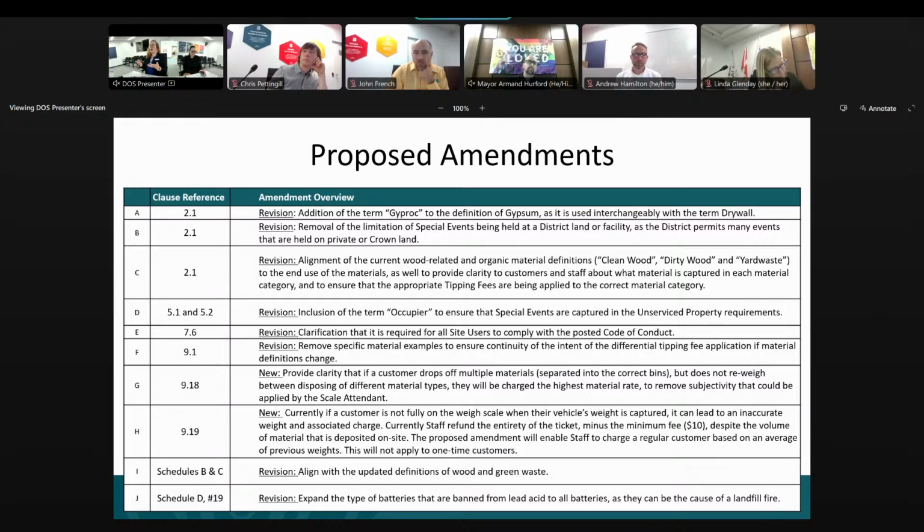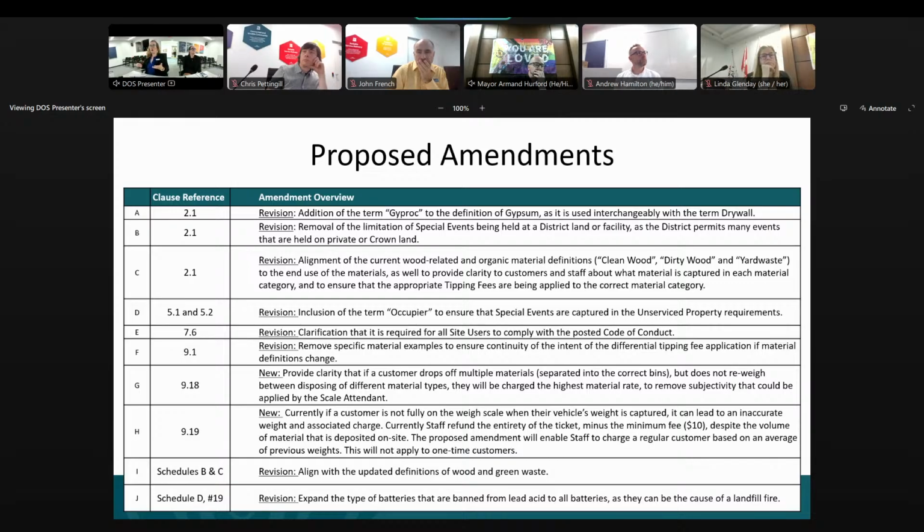9.19 is a new practice. There are times when customers are not on the scale entirely when we capture their weight. So their truck tires or trailer might not be on the scale. This is a continual training exercise with the staff there. However, it does happen.